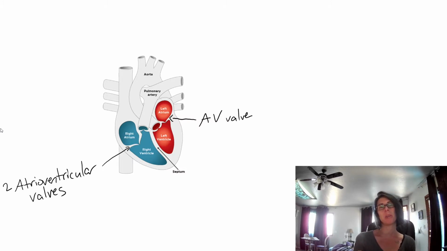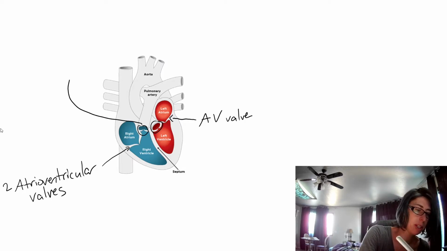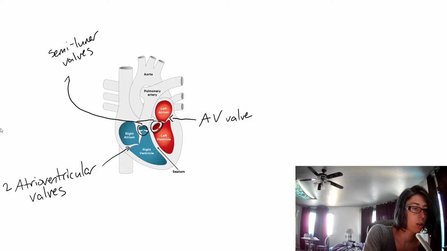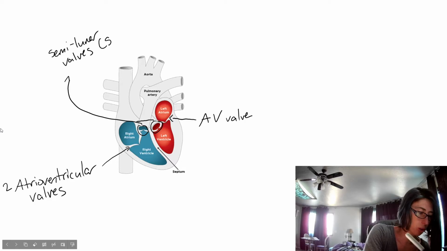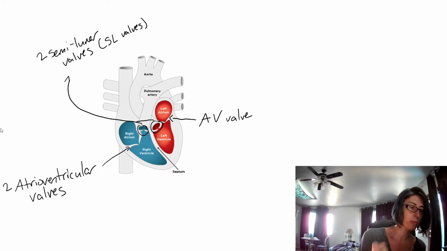They're called atrioventricular valves because they're between the atria and the ventricles. So that's easy. Then we have semilunar valves. We call them SL valves for short. They are called semilunar valves because if you look at them, they have this kind of crescent moon shape, lunar for moon. So semilunar valves. All right, and there's also two of those.